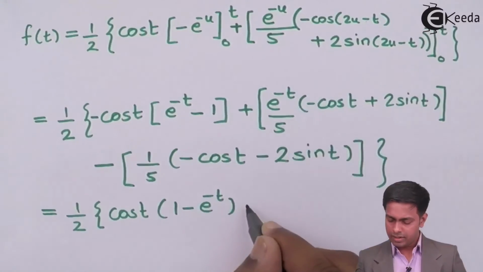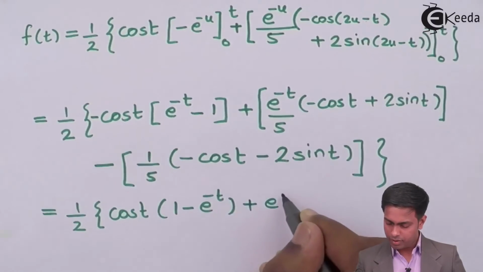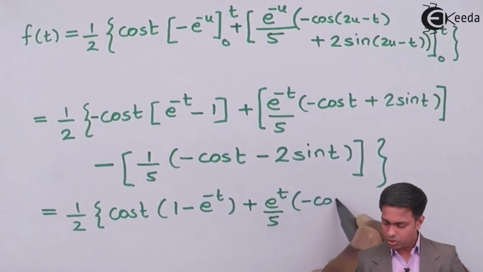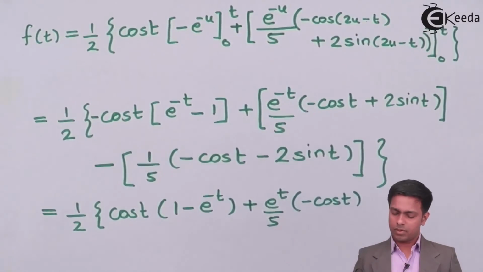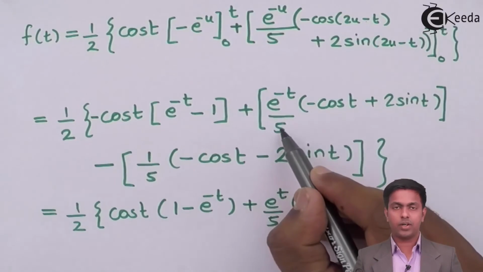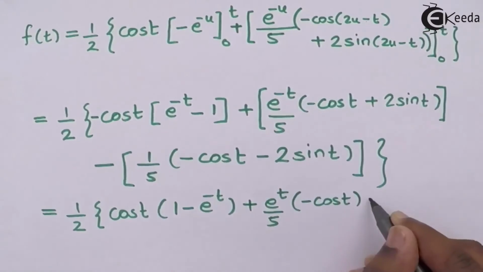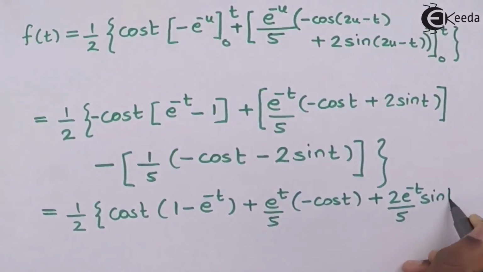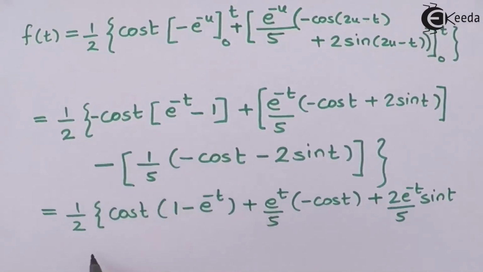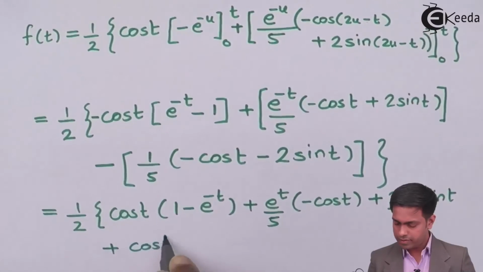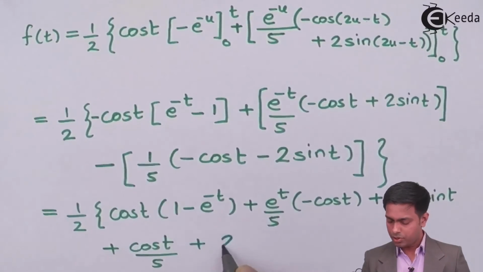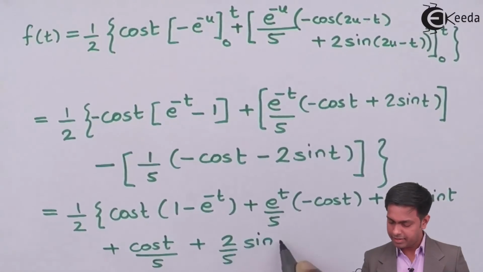So here I'll get plus e to the power t upon 5 into negative cos of t. Then I'll multiply this term with 2 sine t, so that is plus 2 e to the power minus t upon 5 sine t. Next, minus and minus will become plus, so plus cos of t upon 5, and minus plus, so plus 2 by 5 sine t.